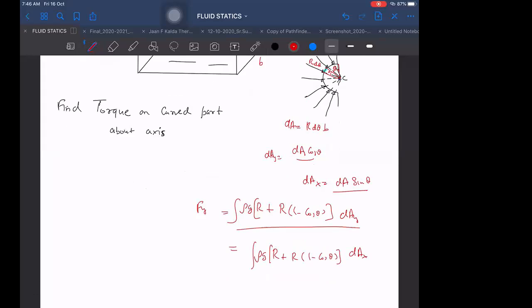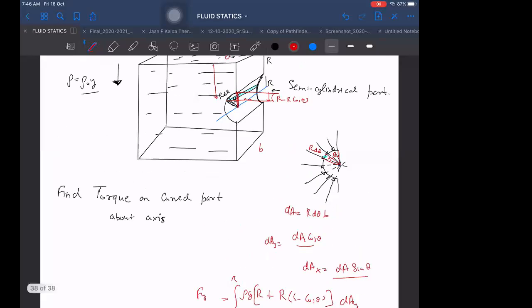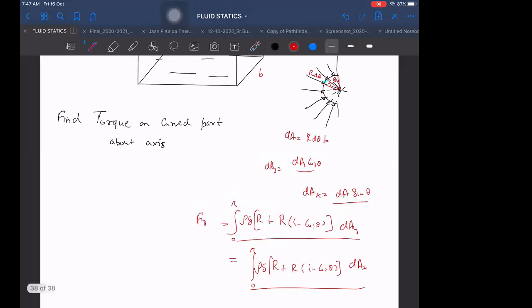Now you do the needful integration 0 to pi, because I am taking the angle from this vertical line. From here I can go up to pi angle. Then we can get the forces Fy and Fx. Fx is the horizontal force and Fy is the vertical force. Can you do it once? Please do it. Let us see what answer we get.